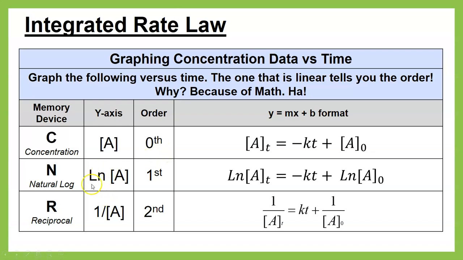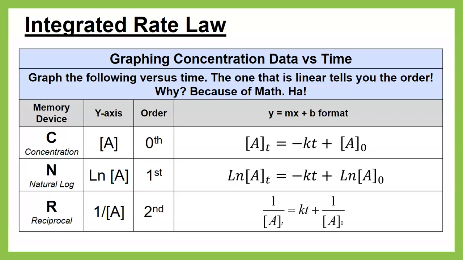If you have to graph the natural logarithm of the concentration to get a linear graph, it's 1st order. If you have to graph 1 over the concentration to get a linear graph, it's 2nd order. So CNR is trying to remind you, is it concentration, is it natural log, or is it reciprocal? 0, 1st, 2nd.